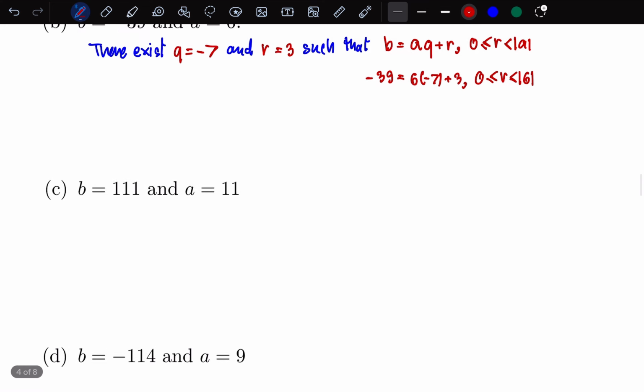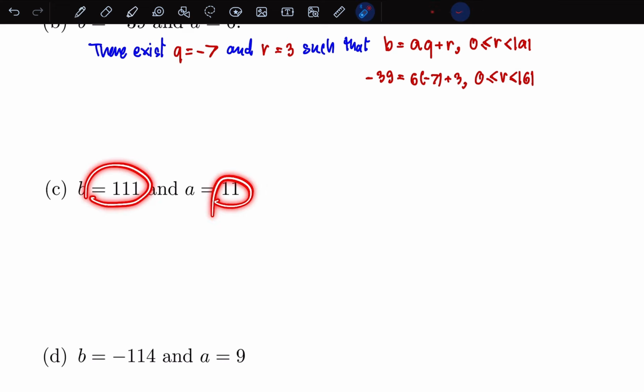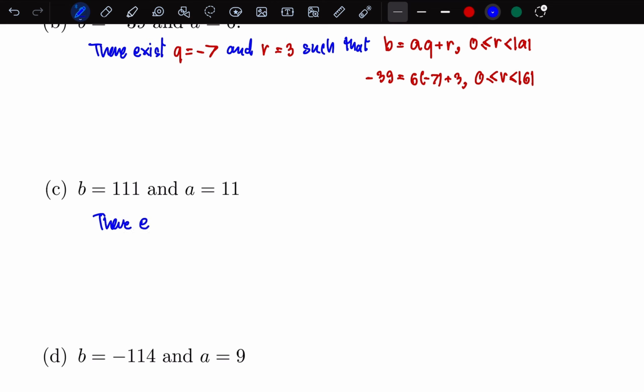Next one here. Now B is 111. A is 11. So let's use the division algorithm to divide 111 by 11. What do we have? So we're going to have Q, which is the quotient, which is 10, and remainder is 1.